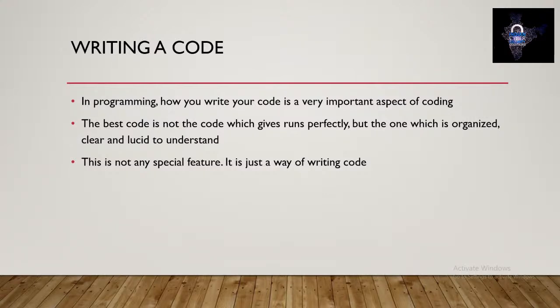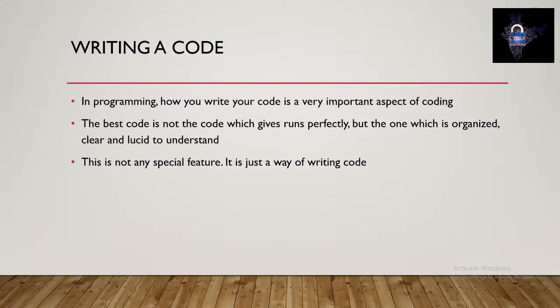I might have 10 errors, so I fix them. Another person might have 50 errors; he takes the time and fixes them. But the person whose errors are the least and who has written the code in the least number of lines is the person who will be benefited from that, isn't it?